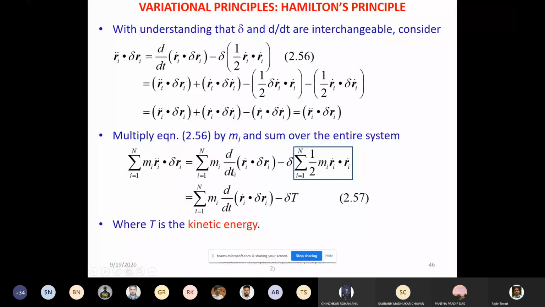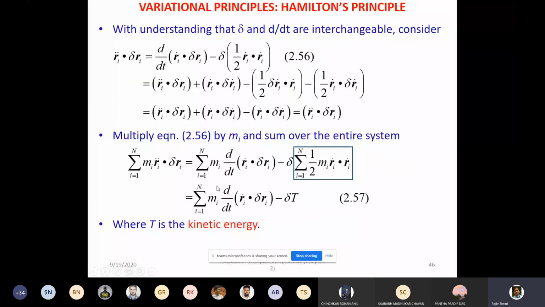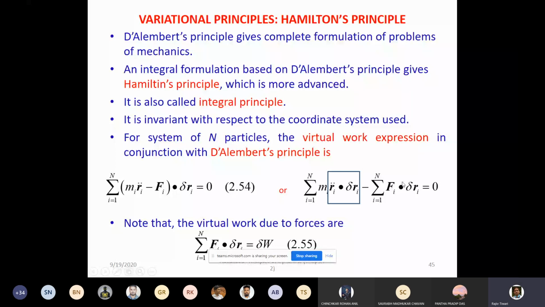So this term is giving two terms. One is this, and the other is minus delta T, kinetic energy. And this, anyway, we have seen is nothing but the virtual work.